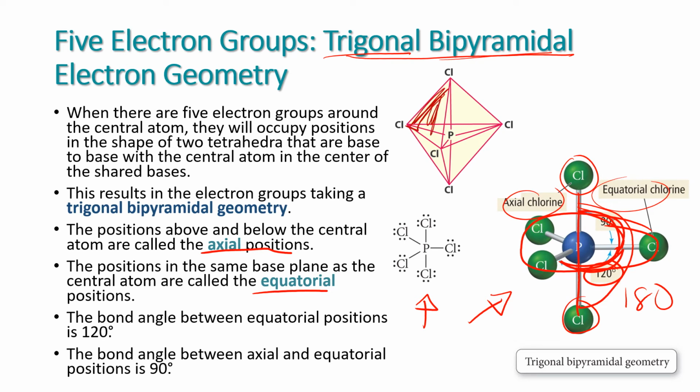I'm going to shade it in, and then I'll leave the other one not shaded. We have a pyramid up here, and then one stuck under it the opposite way around. So that's what bi means, 2, and then pyramidal, 2 pyramids. So triangle face with 2 pyramids stuck together. That's where that name comes from.